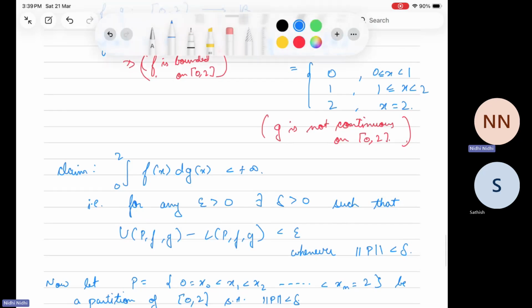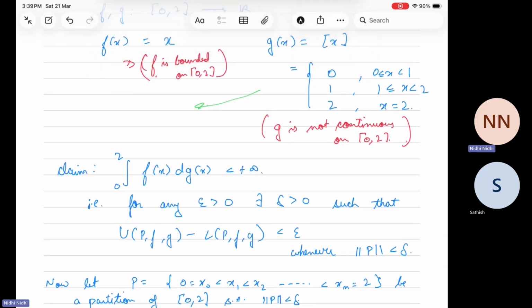If we plot this function, this will be 0 to 1, 1 to 2.